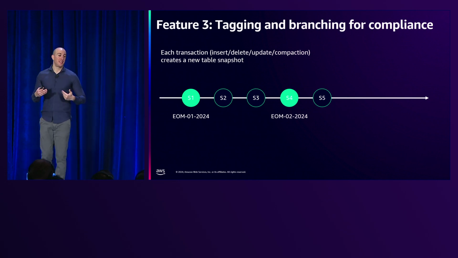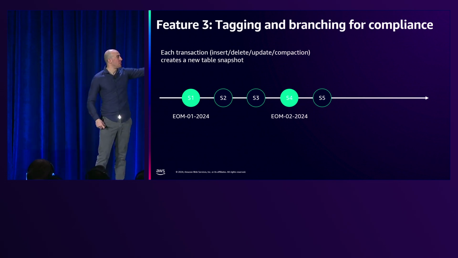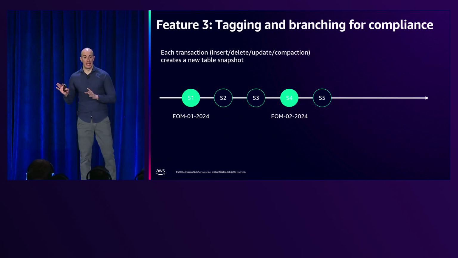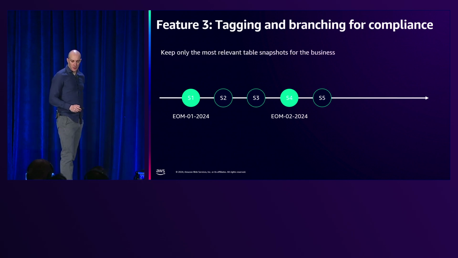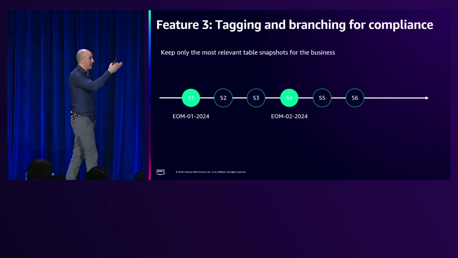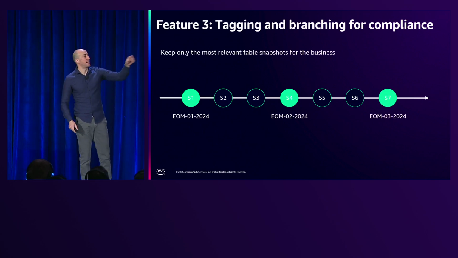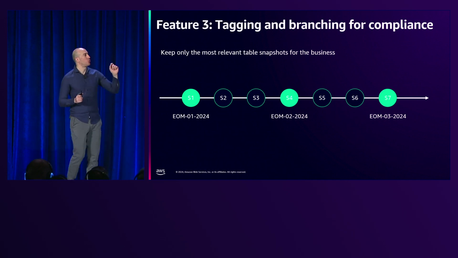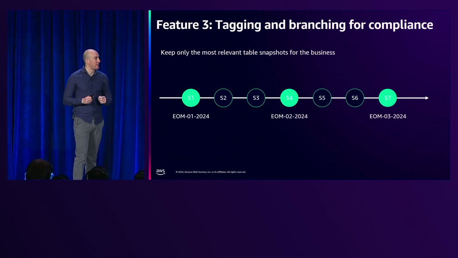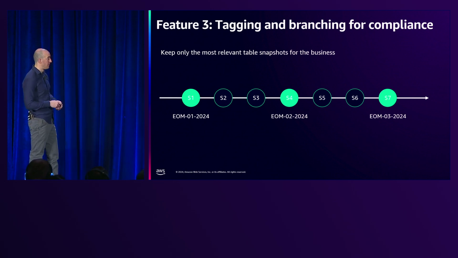The administrator decides to tag a specific snapshot with an end of the month label. Now, another snapshot comes in March. Finally, another snapshot comes at the end of the month in March, and the administrator decides to tag S7 as end of the month 2024.